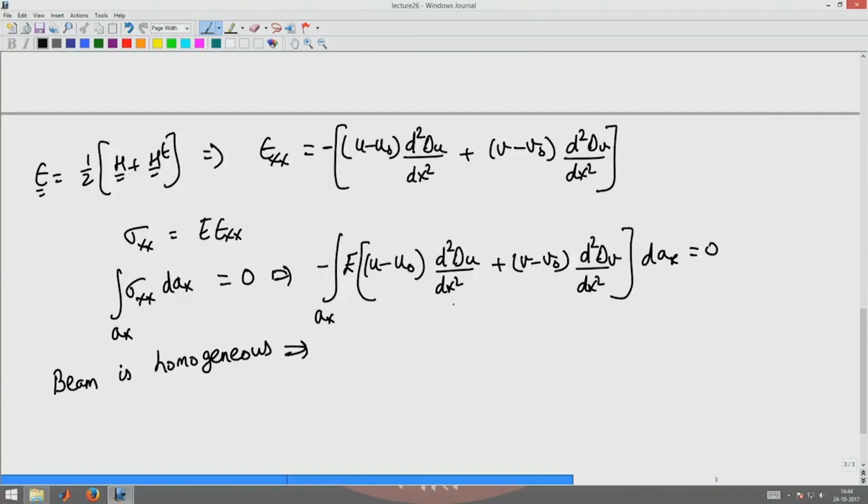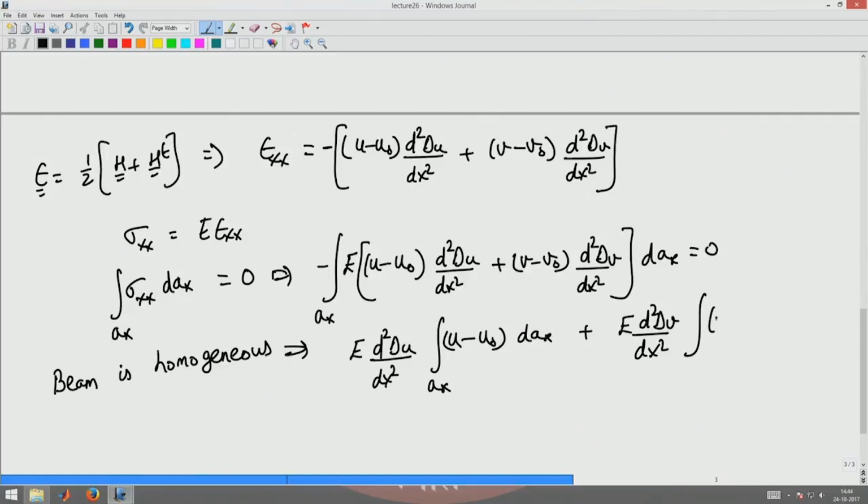This will imply I can pull out the E d square delta u by dx square integral u minus u naught dAx plus, negative sign I can leave it out because it is equal to 0, d square delta v by dx square integral v minus v naught dAx has to be 0.